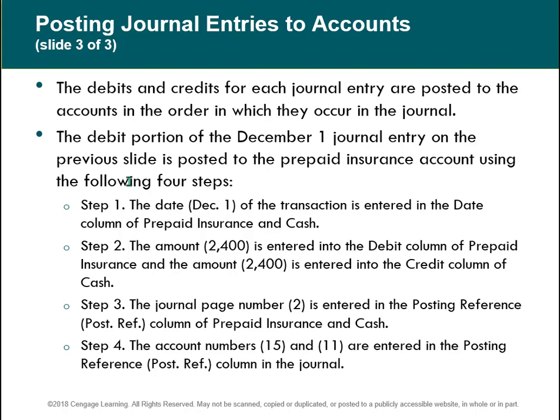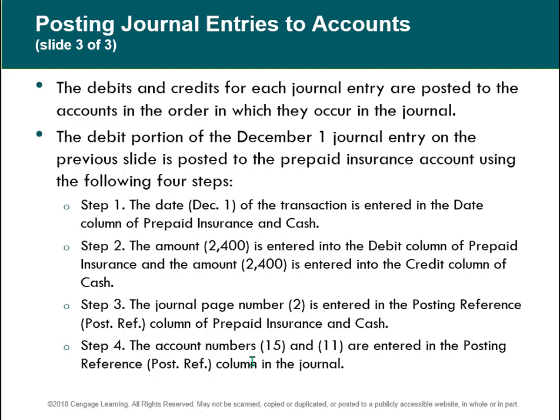Like in the journal, debits and credits for each journal entry are posted to the account in the order in which they occur. The debit portion of the December 1st entry in the previous slide is posted to the prepaid insurance account by first entering the date, then the amount, the journal page, and the account numbers.